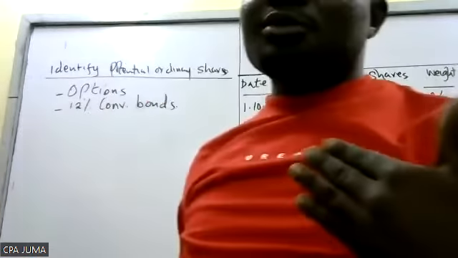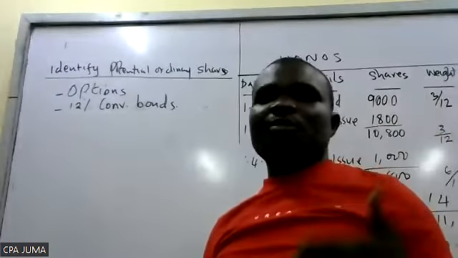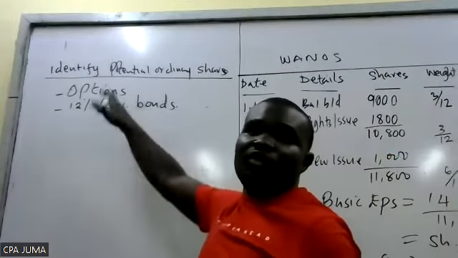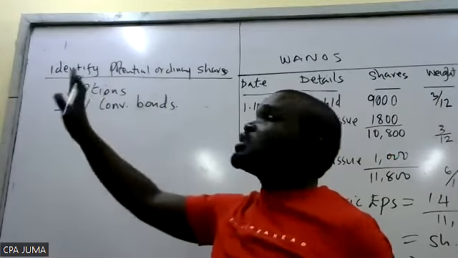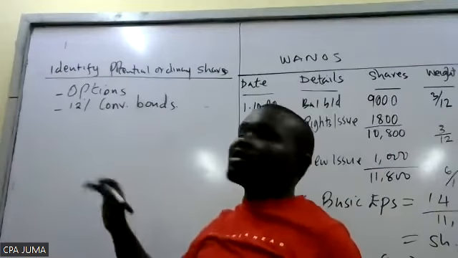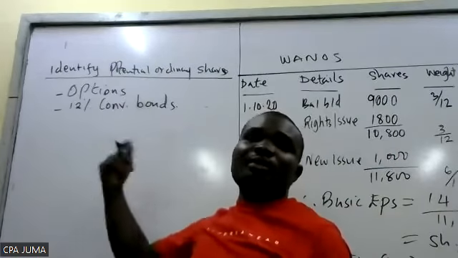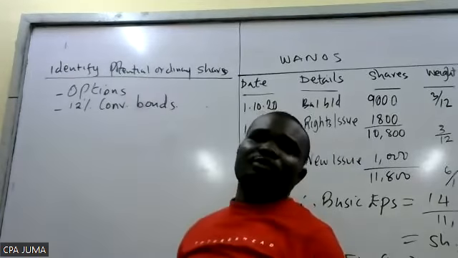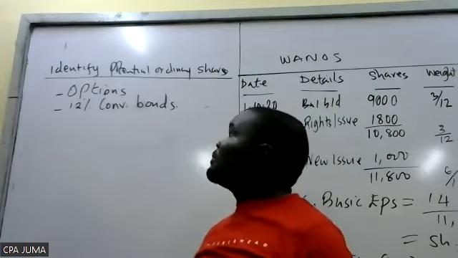For it to be deemed to be potential, it must have the clause convertible. The only one allowed not to have convertible is options, but the rest must have that clause. So in some questions, you will find bonds without the clause convertible. Those ones are not potential. You will not bother about them.